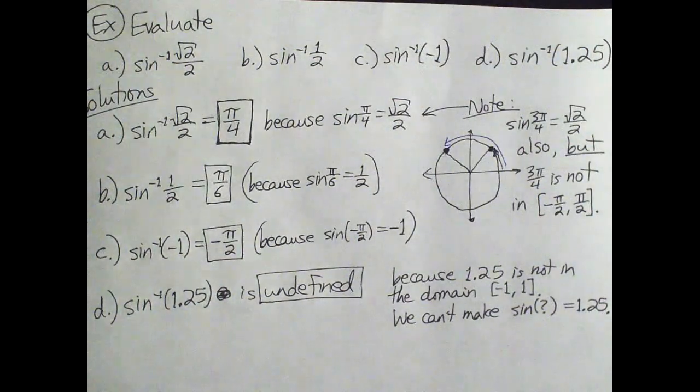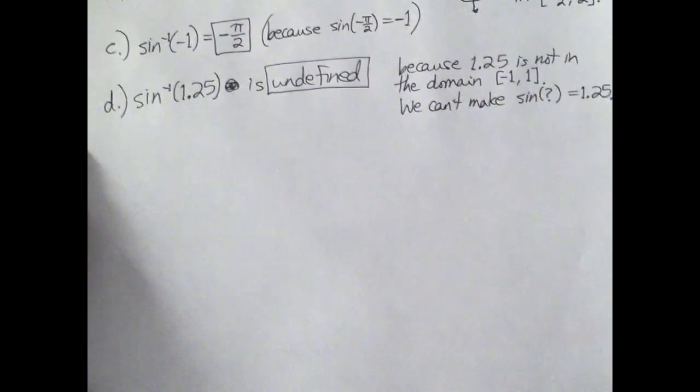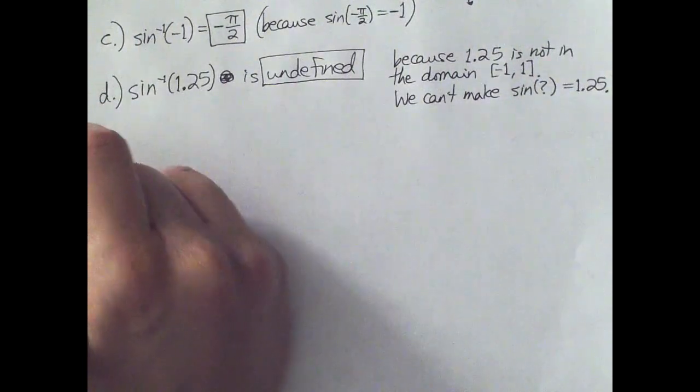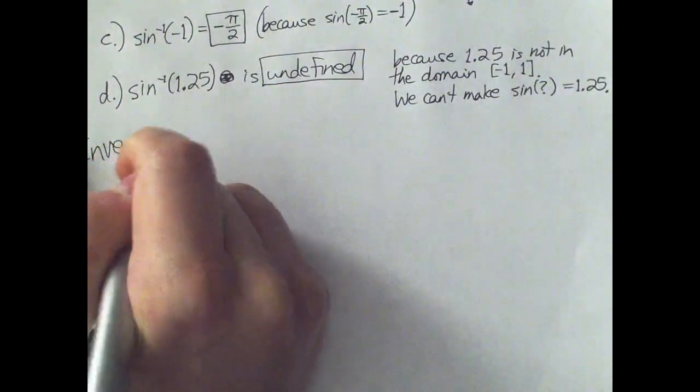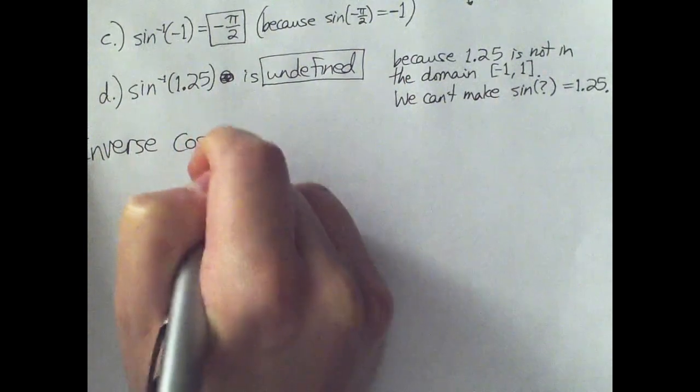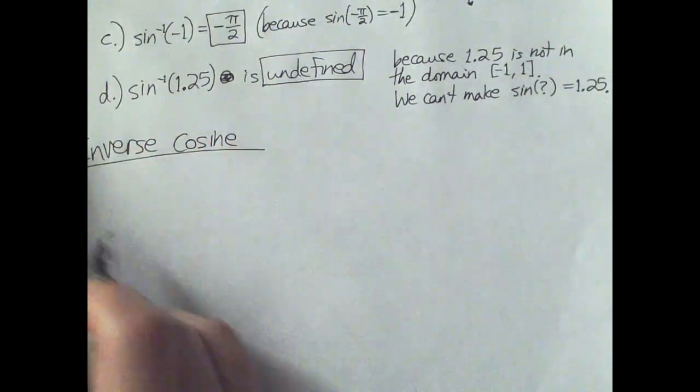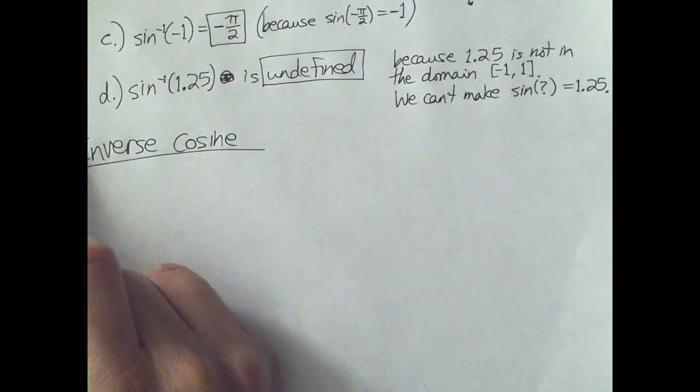So I think that's probably enough about inverse sine. Let's talk about inverse cosine. Now that we spent all this time on inverse sine, we could do inverse cosine a little bit quicker. So let's move the page up and talk about inverse cosine. We're going to develop this in the same type of way.